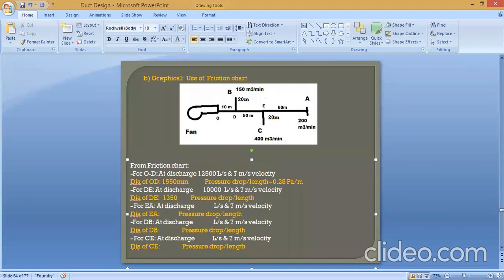Pressure drop per unit length is 0.3 Pascal per meter. Likewise for E to A, where is E to A?